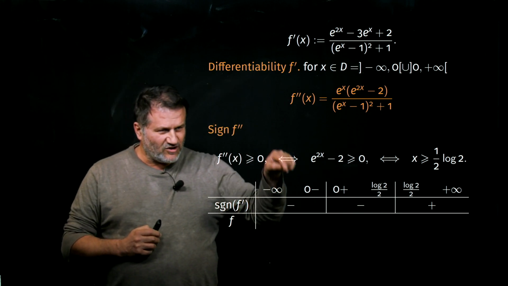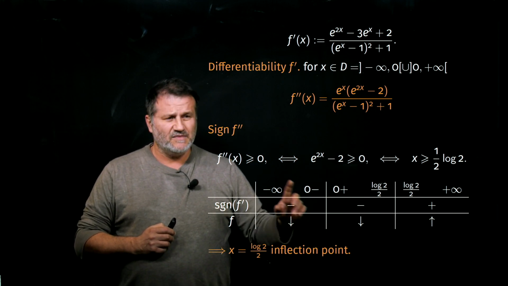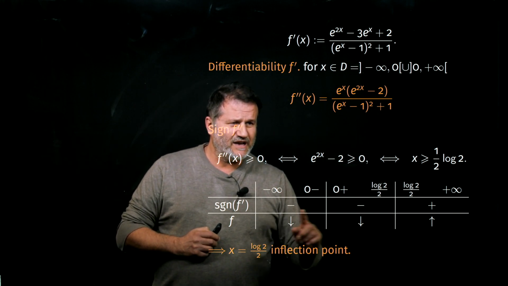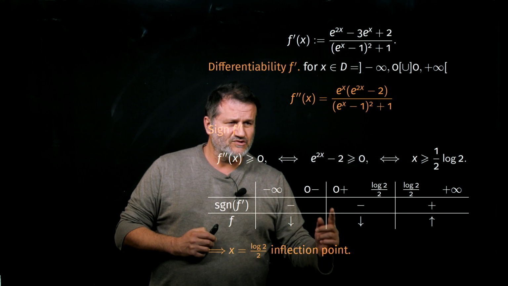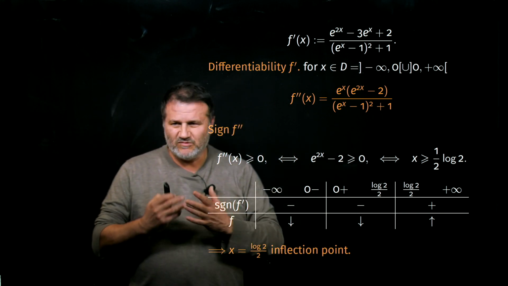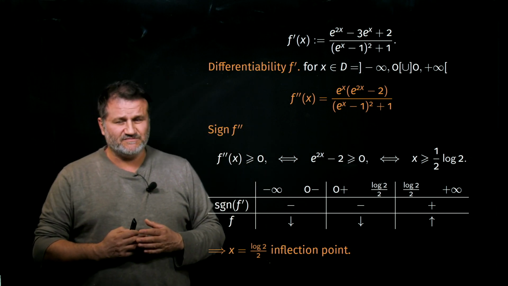So this means that on each of these intervals, the function is concave. But notice that I cannot say that it is concave from minus infinity to log 2 over 2 because of the discontinuity point we have in 0. And at the end, we see clearly that it is not a concave function.